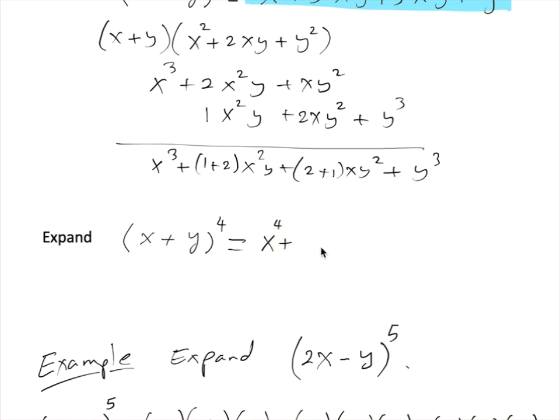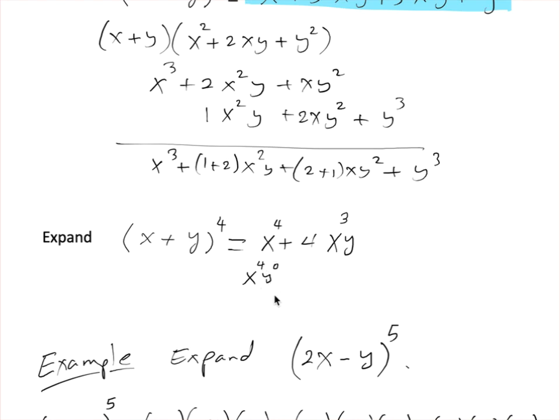And then the next one would be 4. The coefficient is 4. But notice that as you move from left to right, you reduce the power of x while you're increasing the power of y. So the power of x is lowered to 3, and now y appears 1. You can think of this first term as x to the fourth, y to the 0.